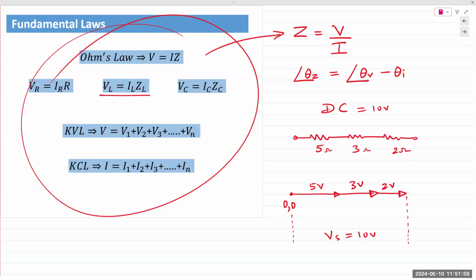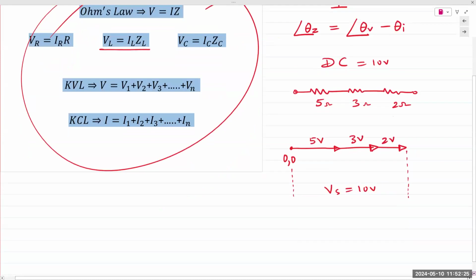KVL works in DC. KVL also works in AC. But in the lab, let's say you're taking some measurements. You measure the voltages across all components, then you try to add them up. Will they sum up? No, they won't, because all you're measuring is the magnitude. There's no phase angle. There's no way you can measure the phase angle right there. It's just the magnitude. You'd have to take the phase angles into account.